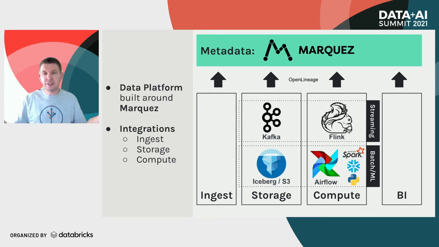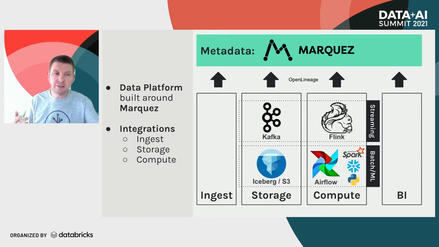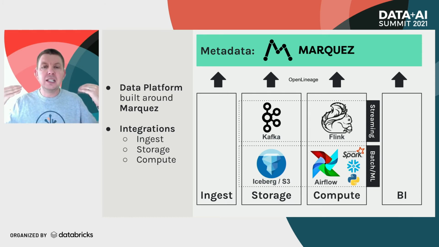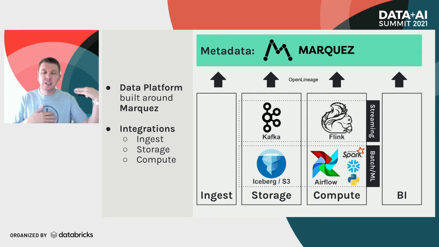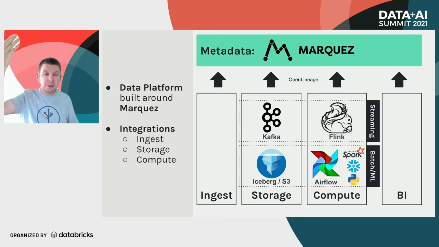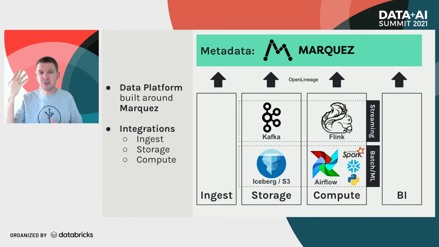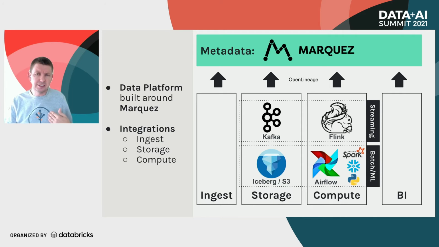This is an illustration of what a data platform could look like. In this example, you have ingestion, and typically you have a storage layer for streaming and batch, with things like data in motion in Kafka, for example. Storage could be a cloud distributed storage with some abstraction on top like Iceberg or Delta Lake.